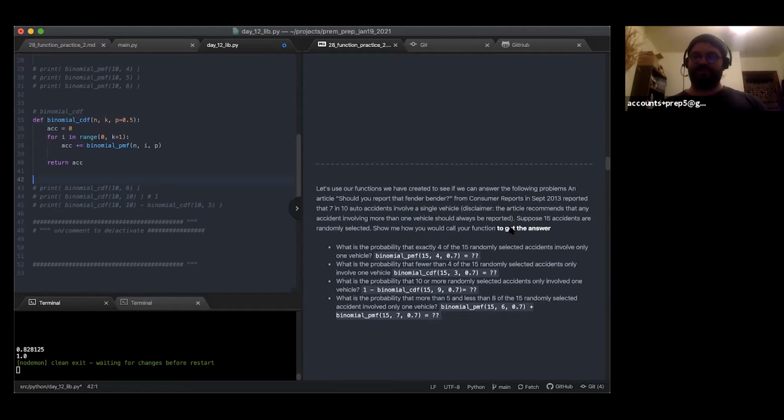Disclaimer, this article recommends that any accident involving one vehicle should always be reported. Suppose 15 accidents are randomly selected. How would you call the function to get the following answers?